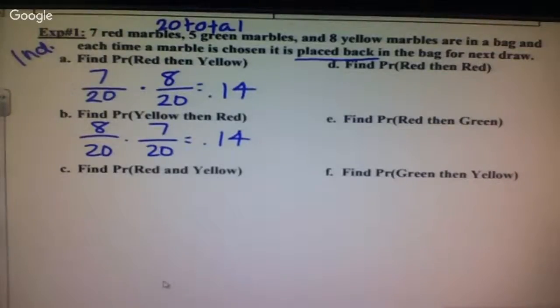Part C. Part C says red and yellow. So now I change the word then to and. What does that do? I go from over 20 to over 19? No. You add red and yellow together?